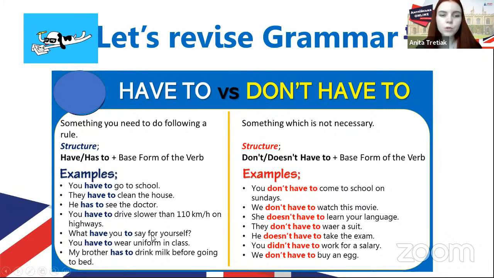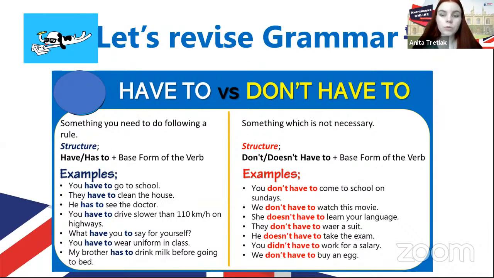First of all, why do we use have to here? Because that's a rule. If your speed is over 110 kilometers per hour, this can be dangerous, not only for you, but also for people that can drive this highway as well.